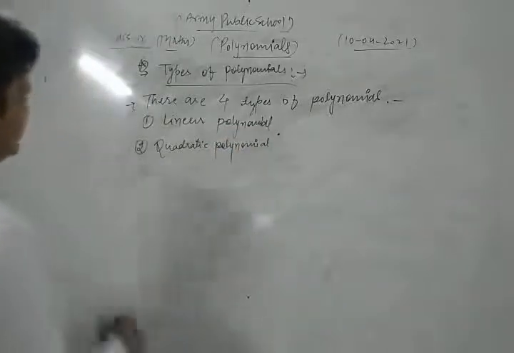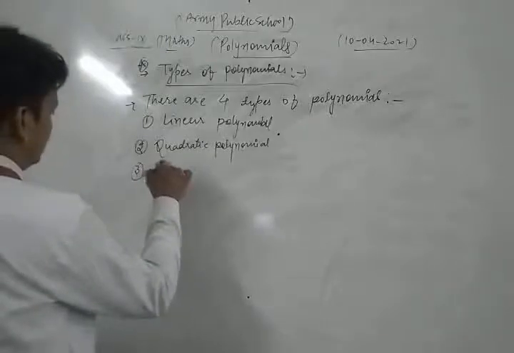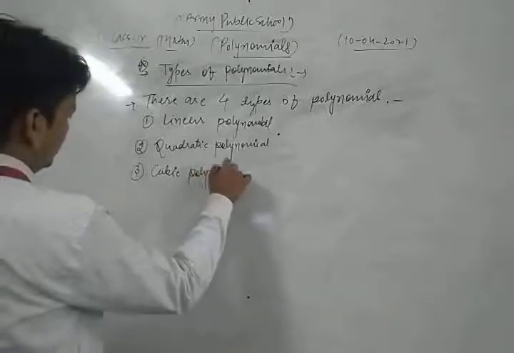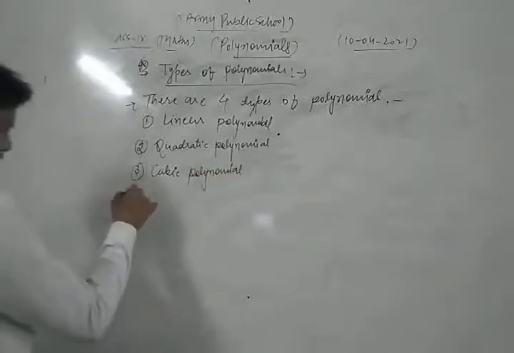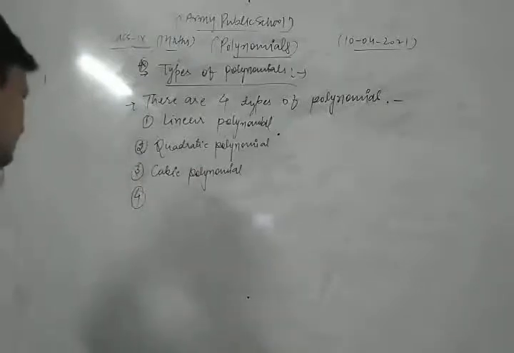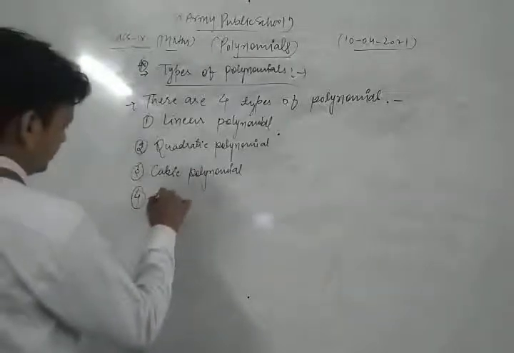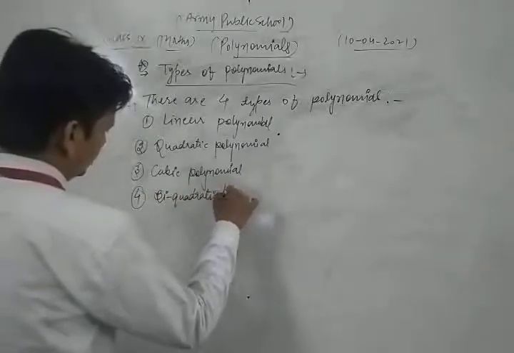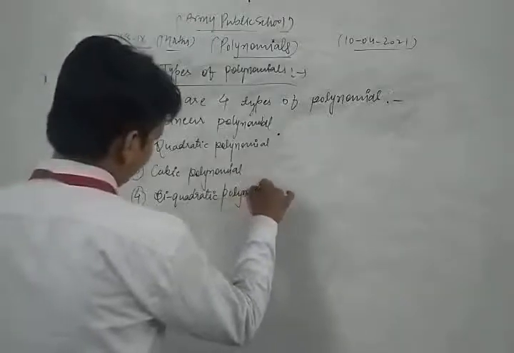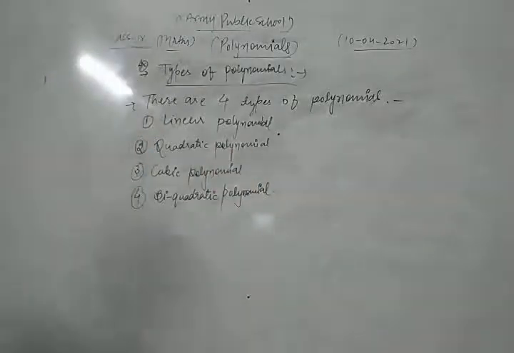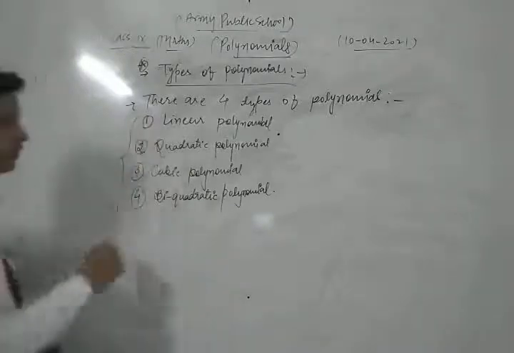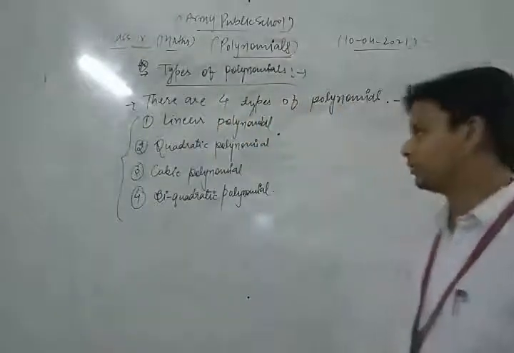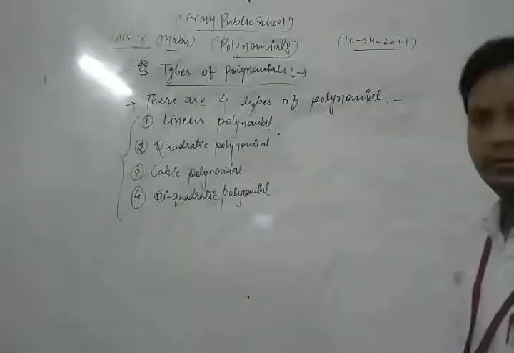Quadratic polynomial. Third one is what? Cubic polynomial. And fourth one is what? Biquadratic polynomial. Okay, so these are four very important types of polynomial related to your chapter.